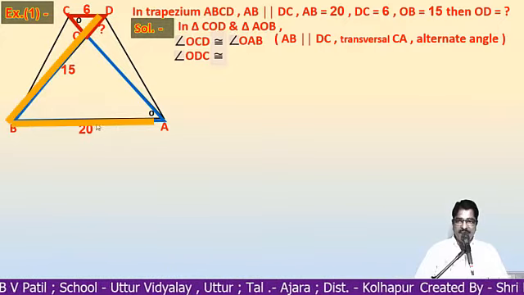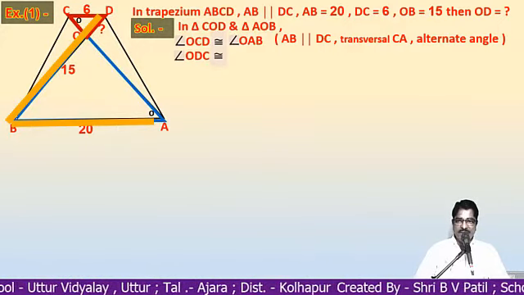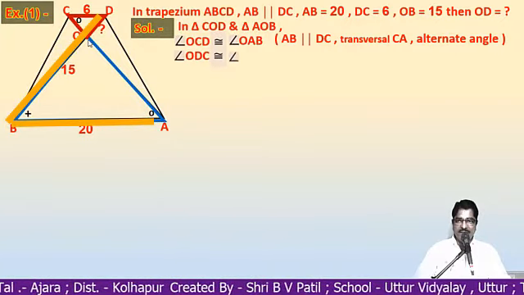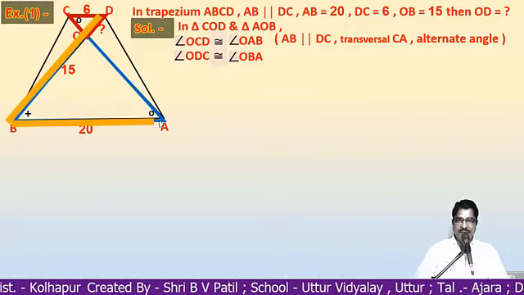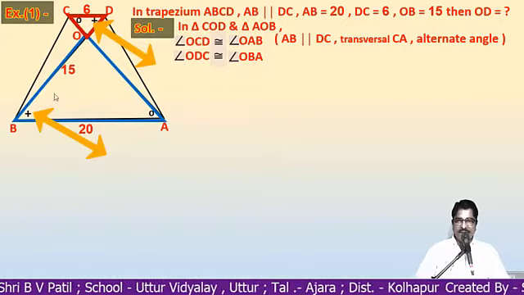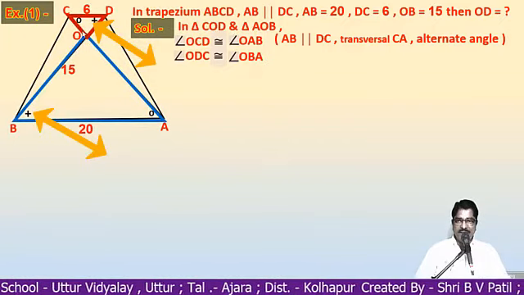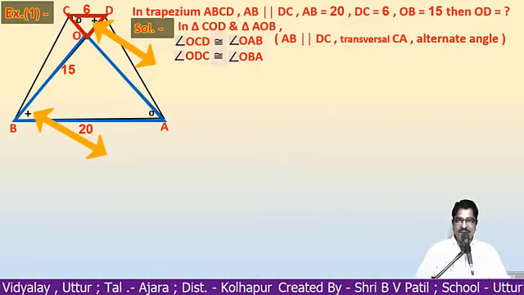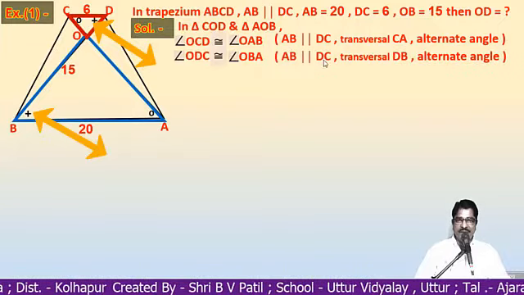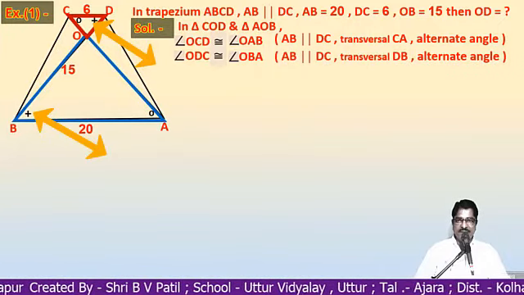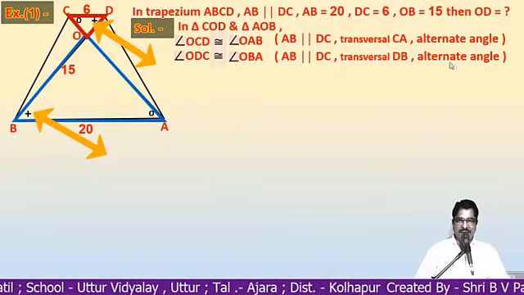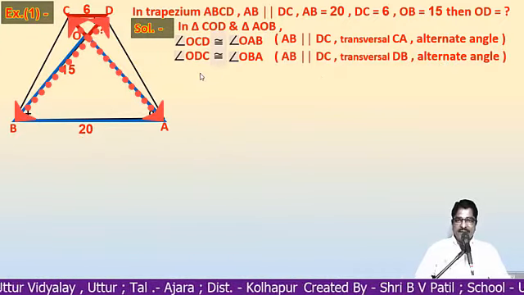This parallel side AB and transversal DB join at point B, means angle OBA, and the reason is these angles are alternate angles. When are alternate angles congruent? If two lines are parallel, that is AB parallel to DC, with transversal DB, we get alternate angles. Then tell the third condition.